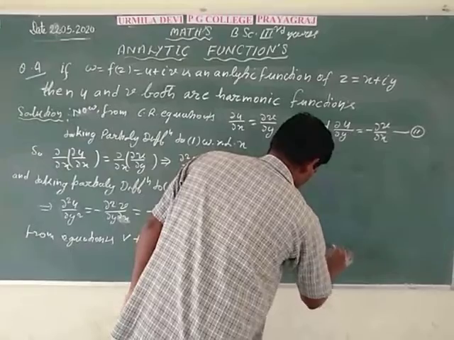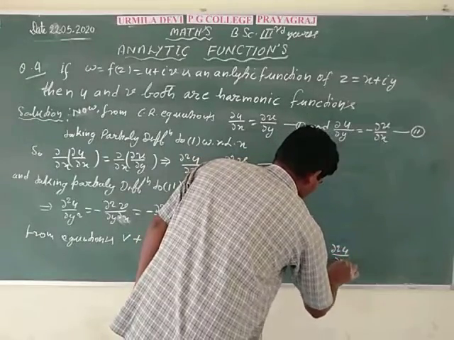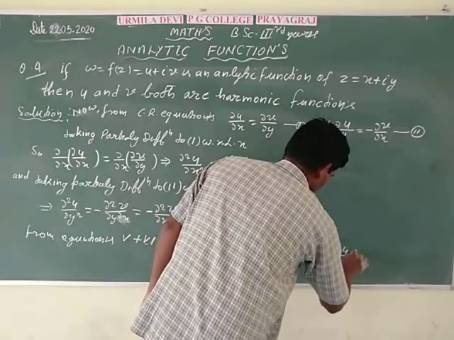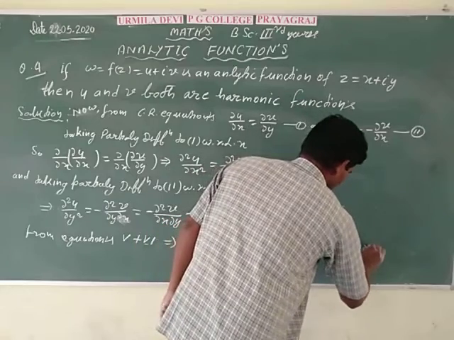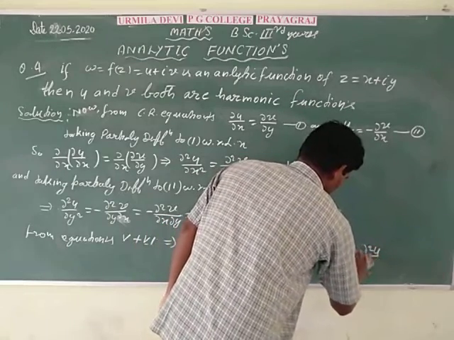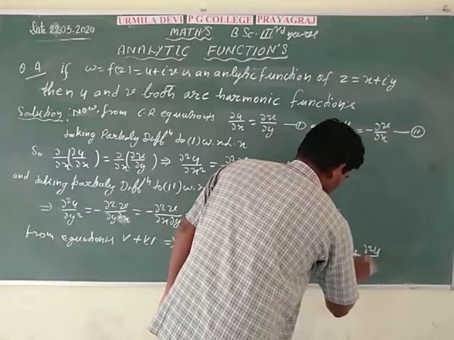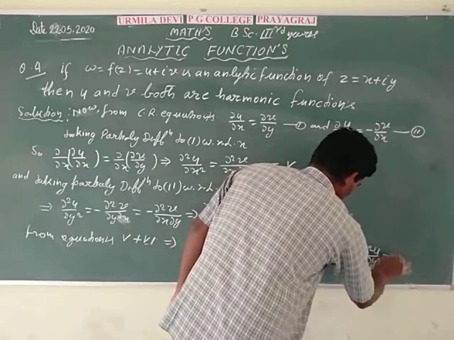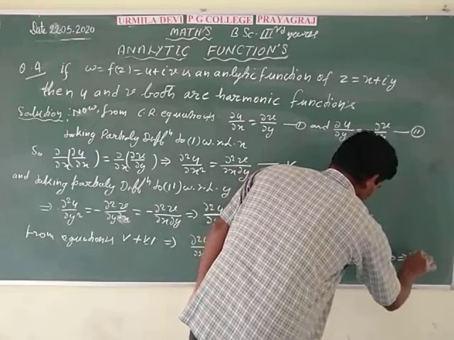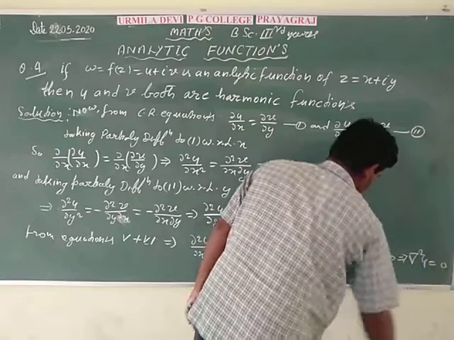It implies del square u by del x square plus del square u by del y square is equal to 0. It implies del square u is equal to 0.